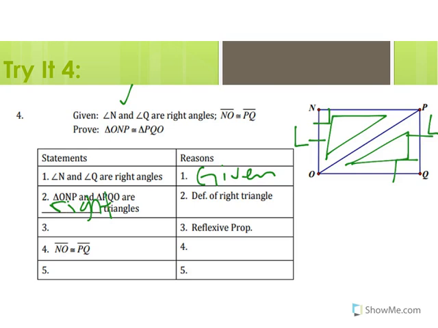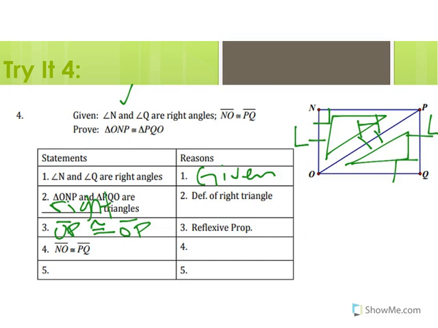And number three, reflexive. Well, we know that OP is congruent to OP. And then this is a right angle, so this is our hypotenuse.